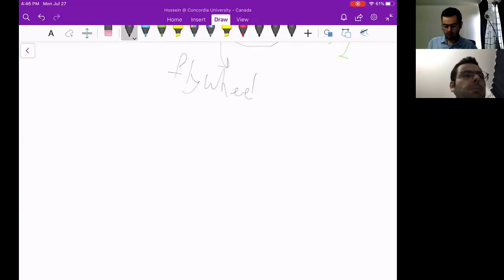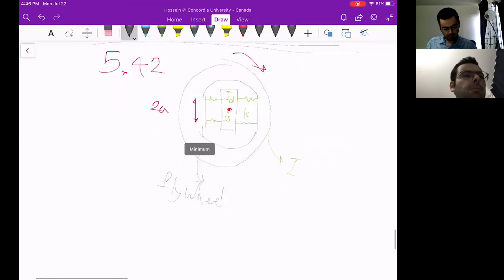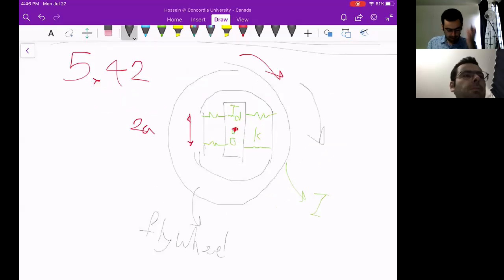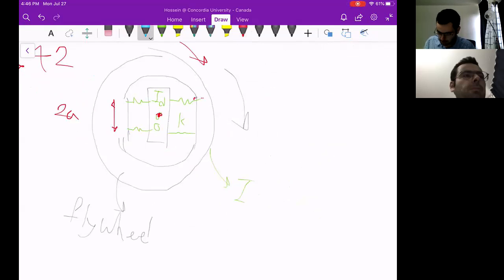For mass one, if I rotate the flywheel, this point will come to this point, and if I draw it here, the displacement of this point would be, this is 2a and this would be a.